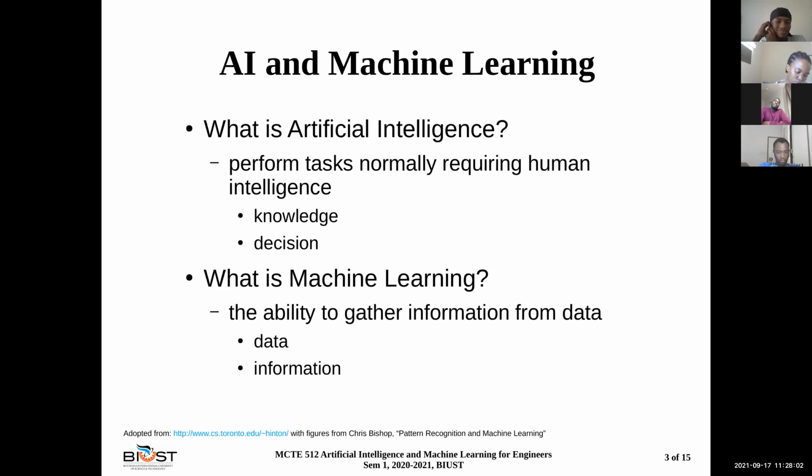I think the difference between artificial intelligence and machine learning is that artificial intelligence is working on creating intelligent systems that can perform complex tasks, whereas machine learning is to create machines that can perform only specific tasks.